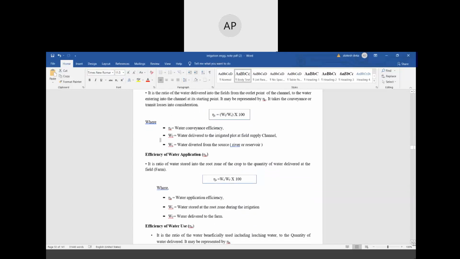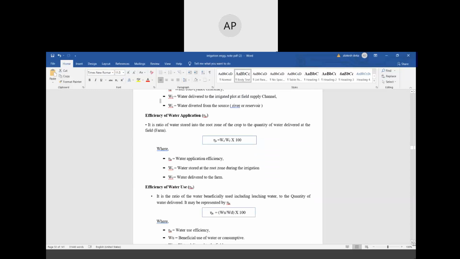Next is efficiency of water application. It is the ratio of water stored in the root zone of the crop to the quantity of water delivered at the field.